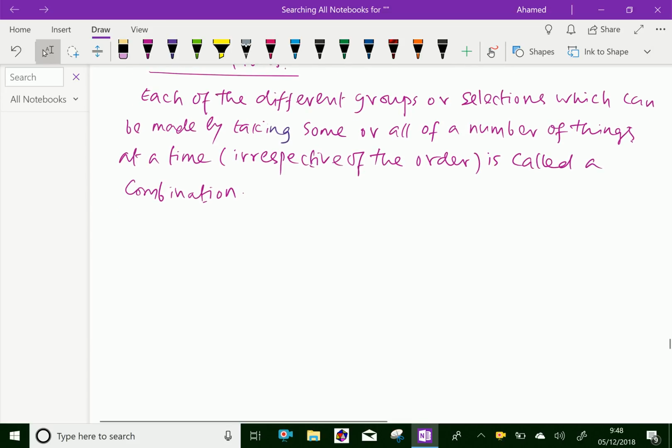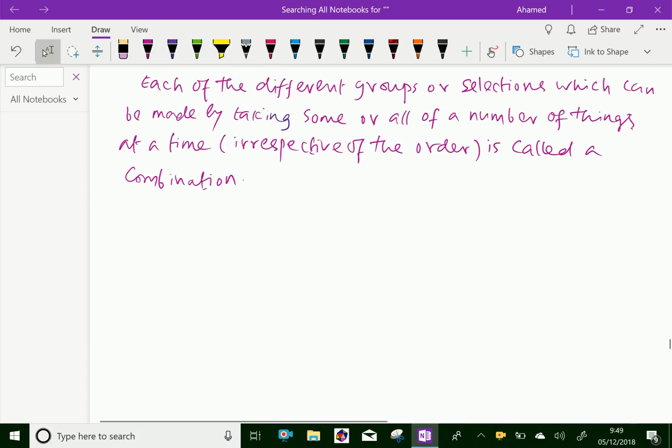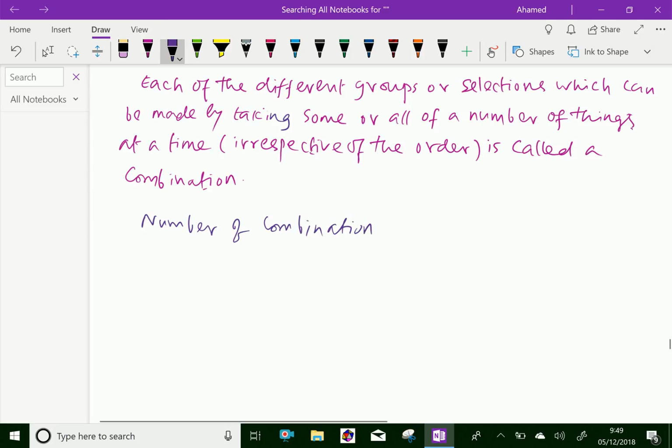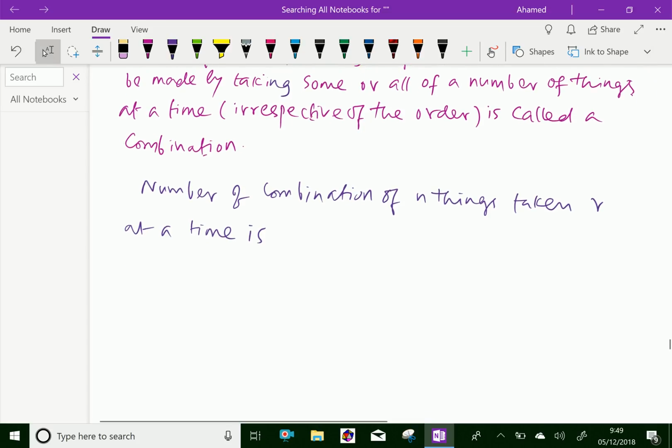Here, the number of combinations of n things taken r at a time is called nCr, or you can say C(n, r).